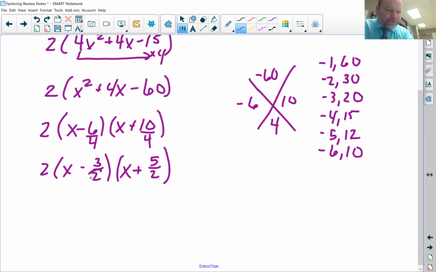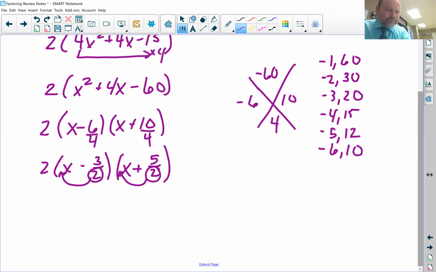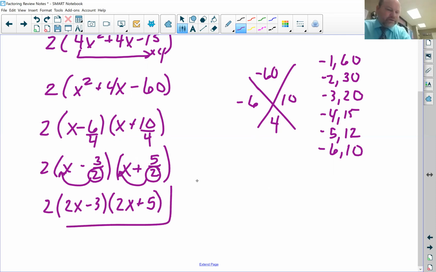Because I'm left with a fraction, the denominator goes up as the coefficient of x. And there's our answer.